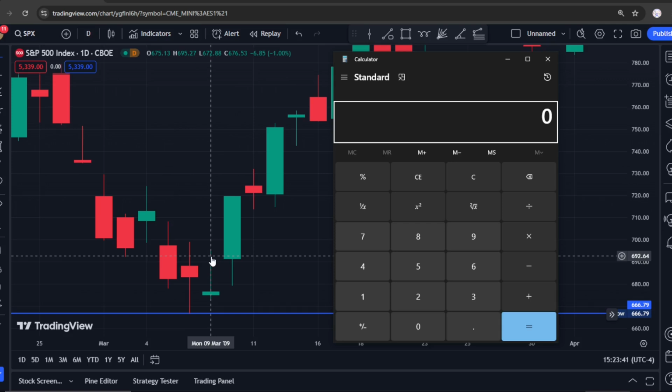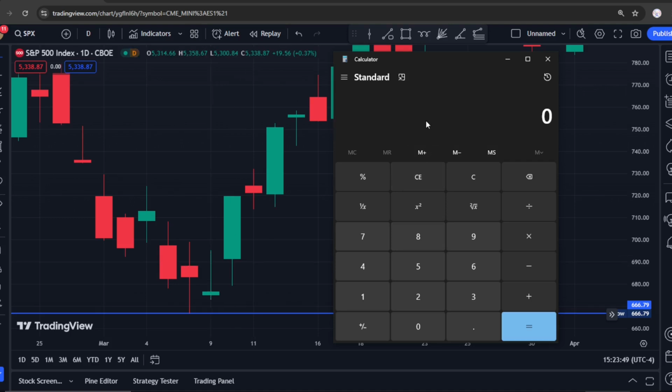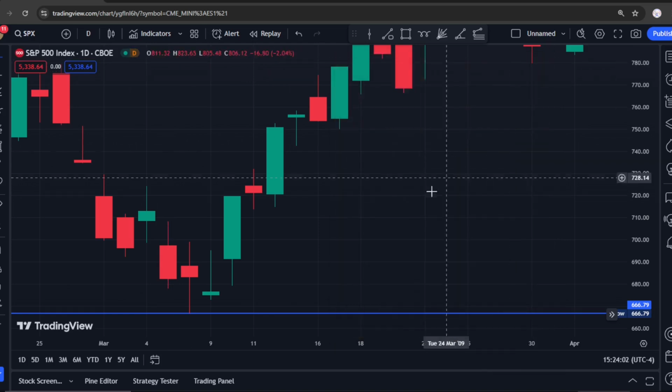I took the high price, which up in this area you'll see is 695.27, and I took the low price, which is 672.88. And so if I go 672.88 divided by 666.79, I get 1.00913. Now I did the same thing for the high.